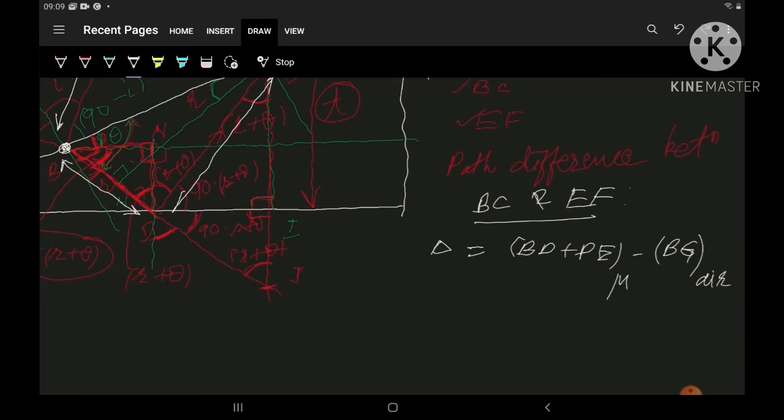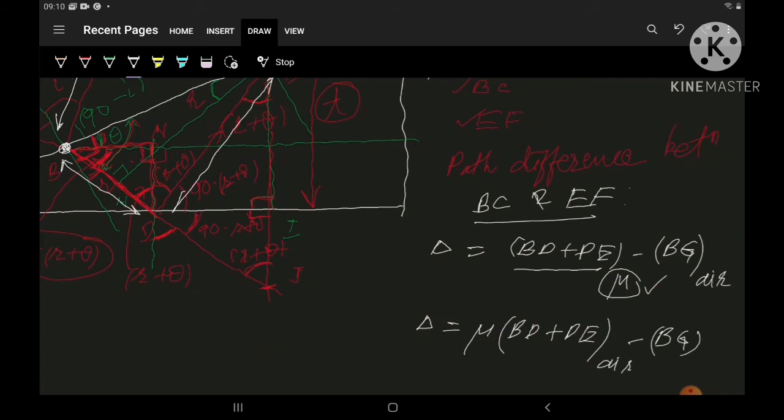As we have seen in the previous topic, if we want to convert the distance from a medium of refractive index mu to air, then we have to multiply the distance by the respective refractive index. So here the path difference delta will be equals to mu times (BD plus DE) minus BG in air. Now both the distances are converted in air.